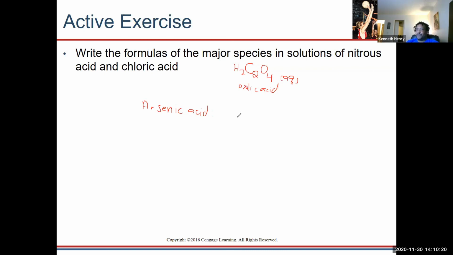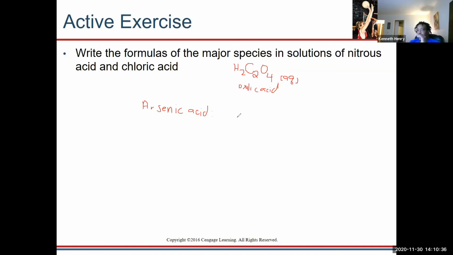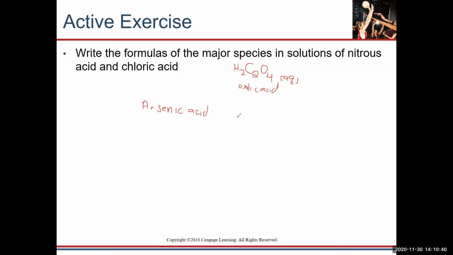That's right, it has priority. Yes, all carbon acids are weak acids. Okay, thank you. You'll learn there's a lot of priority in chemistry. Oh, I'm already learning.